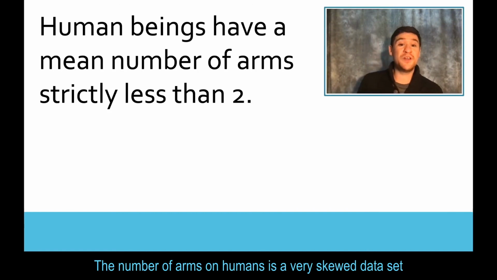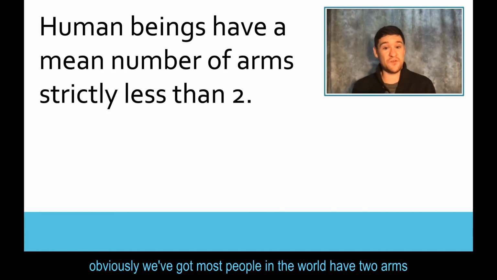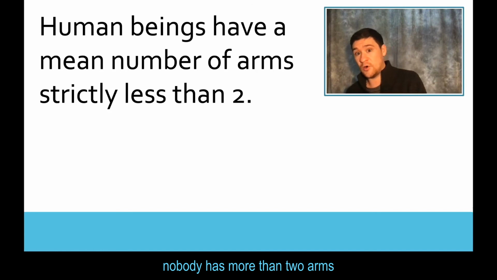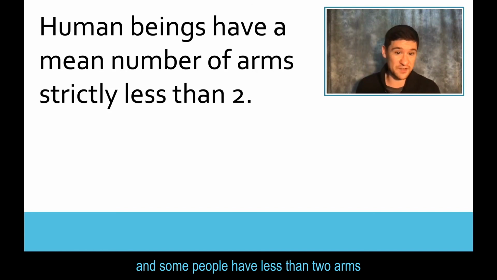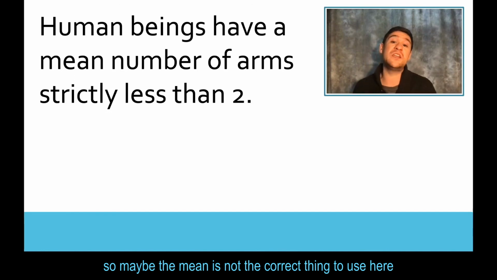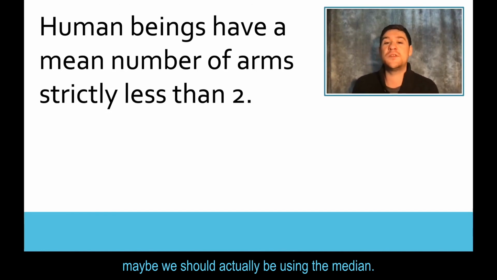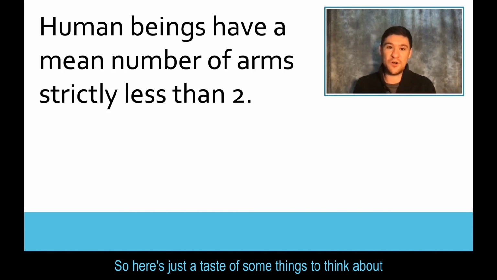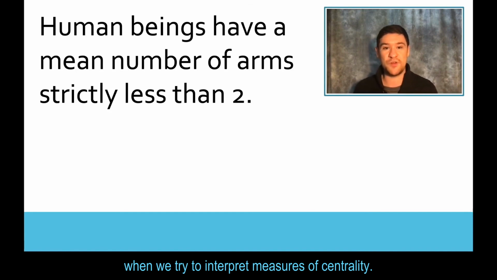Number of arms on humans is a very skewed data set. Obviously, most people in the world have 2 arms. Nobody has more than 2 arms, and some people have less than 2 arms. So it's a very skewed data set. So maybe the mean is not the correct thing to use here. Maybe we should actually be using the median. So here's just a taste of some things to think about when we try to interpret measures of centrality.